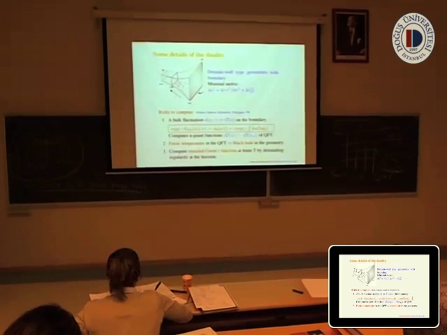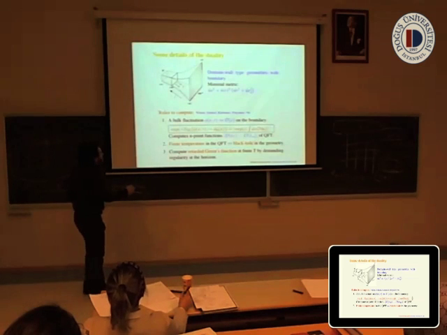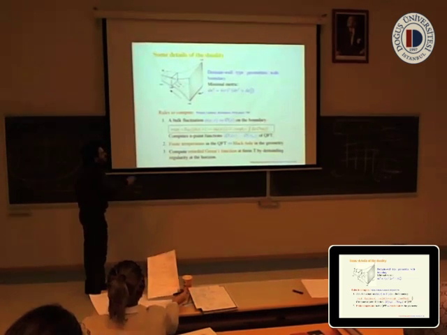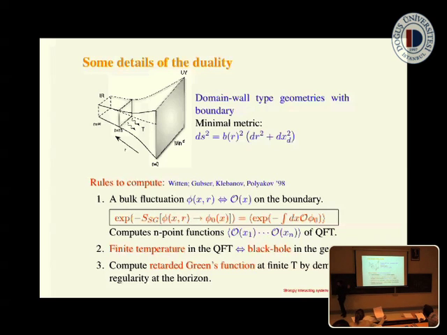In most of the cases, it should go to 0. And for the retarded Green's function, as I said, regularity at the horizon is important. Let's not get into the details, but this is the general idea. If you want to study some finite temperature quantum field theory, and calculate its correlation functions, like a retarded Green's function, then there are very well-defined ways of doing this. Okay.